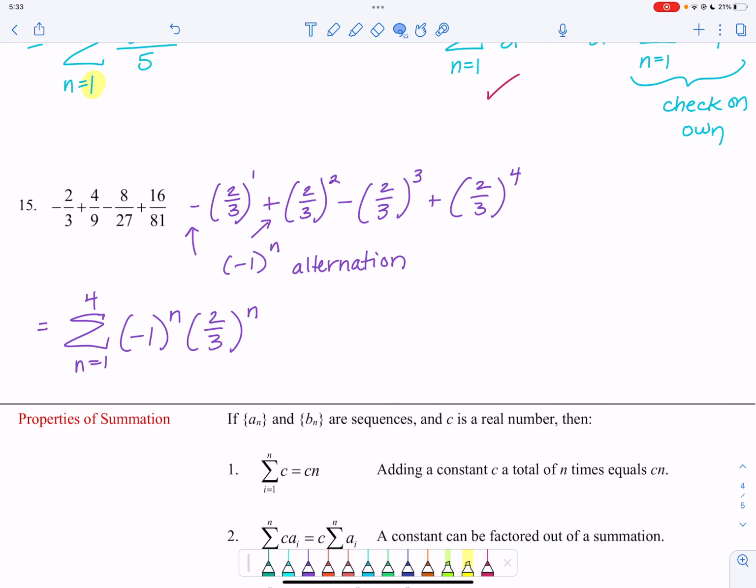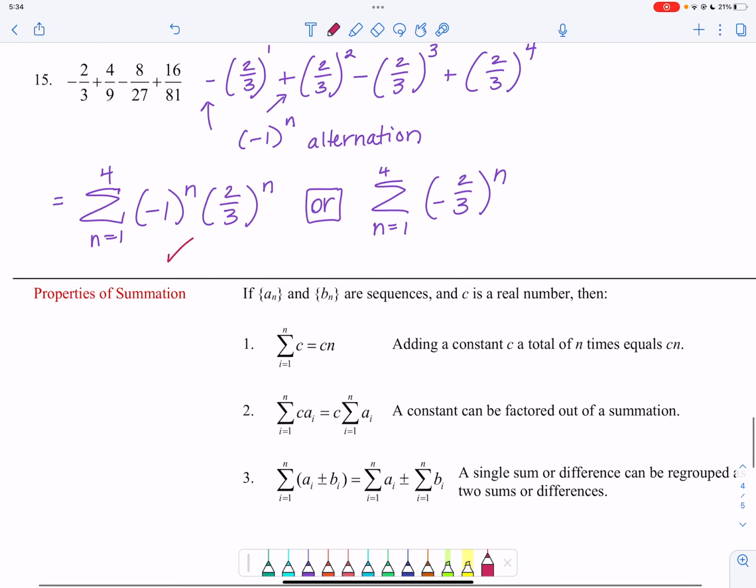Now, you could also bring that negative 1 in those parentheses and have a negative 2/3 to the n. So you could do that. I prefer this.